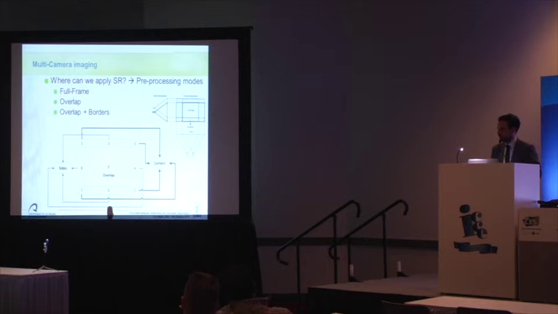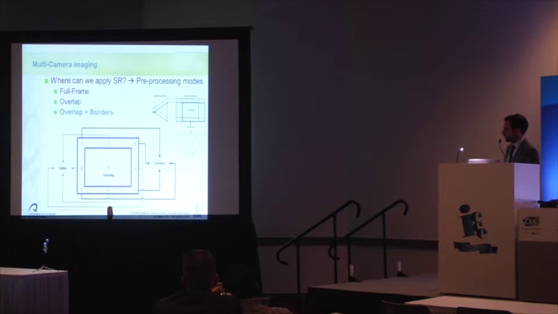And this is based on something that we called pre-processing modes, which are full frame, when we are using all the information that the 4 cameras are taking; overlap, where we are only using the overlap information; and overlap plus borders, where we are using the overlap and also the borders, and we are combining this information in some way.